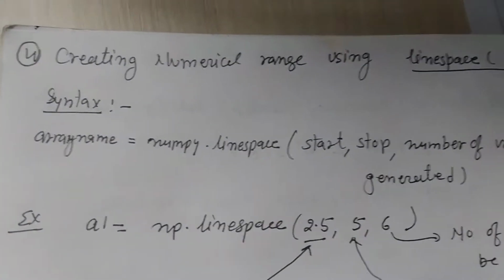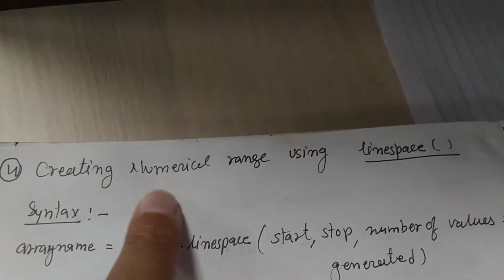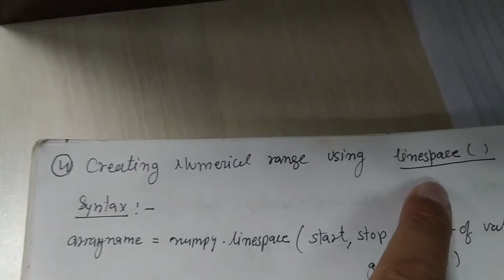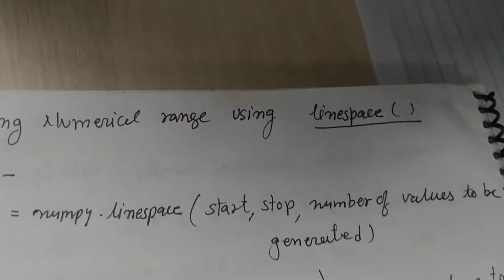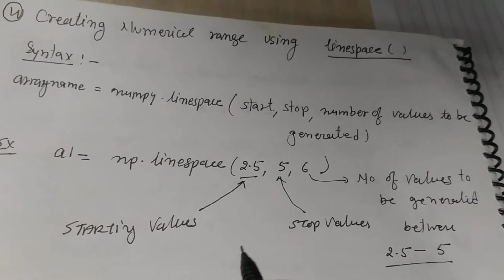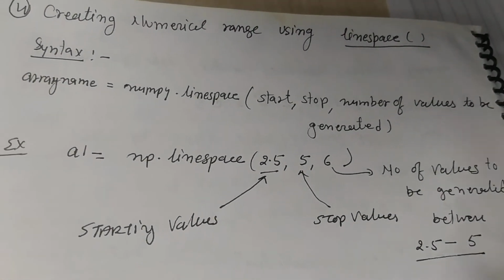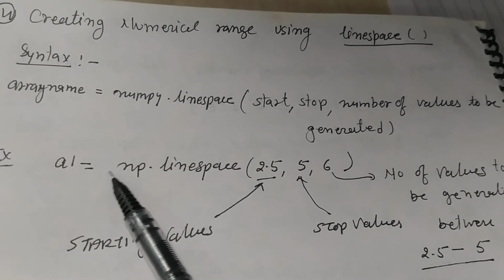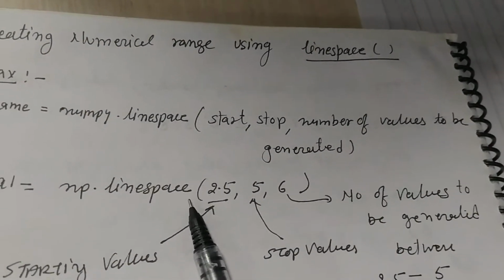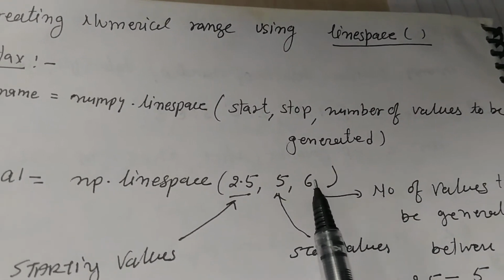Now the next is numerical range. Numerical range, so this is creating a numerical range using linspace. Which function? Using the linspace function. This linspace function will create the elements between the range that we are giving here. See that, a1 equals np dot linspace, start from 2.5 and end on 5, and number of elements are 6.